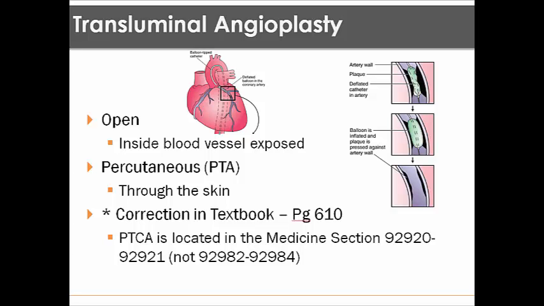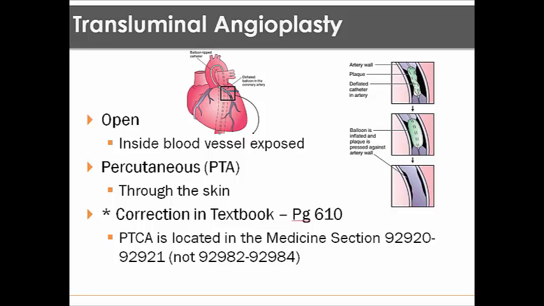This is coded in the medicine section 92920 to 92921. Now your textbook has this incorrect, as it says 92982 to 92984, but these codes were deleted in 2013 and replaced with the 92920 to 92921. So it's just not updated in your textbook.